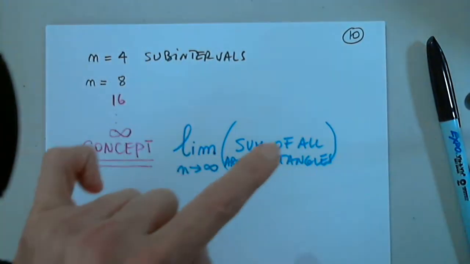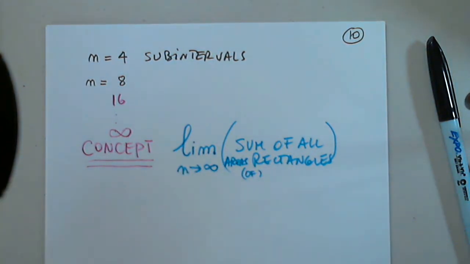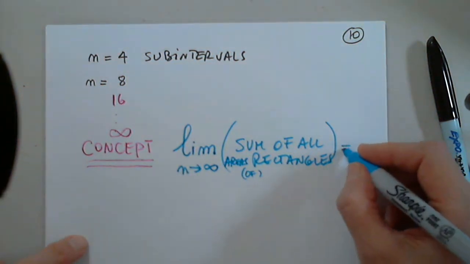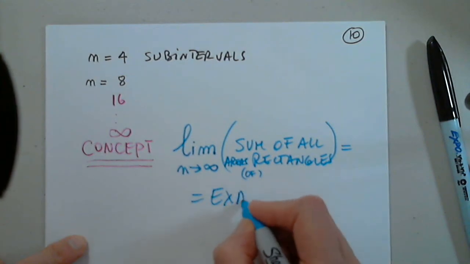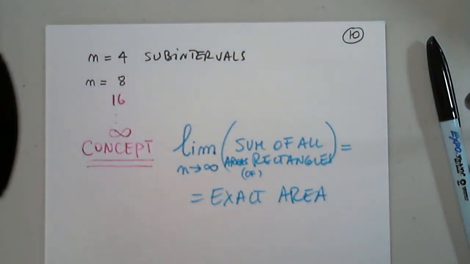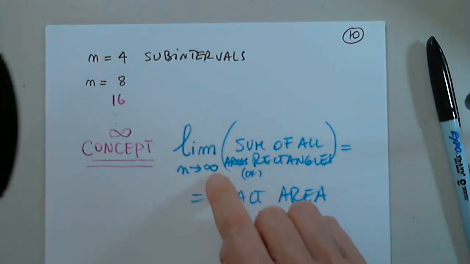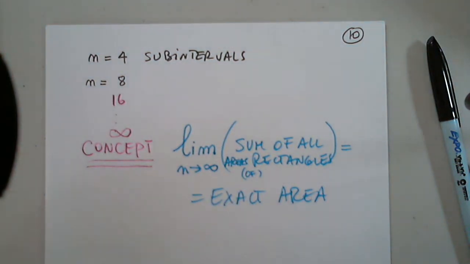The sum of all areas of all rectangles, right? Of all rectangles. Then this will be the exact area. No doubt.